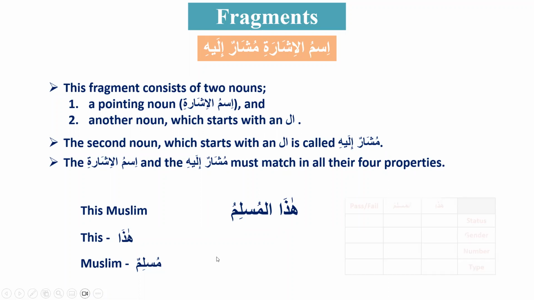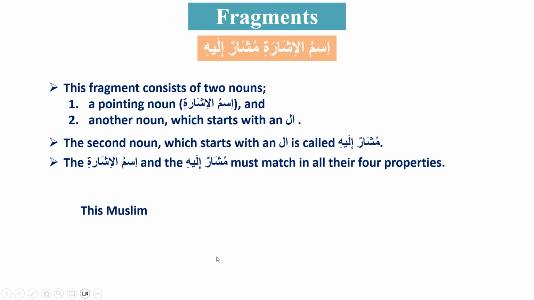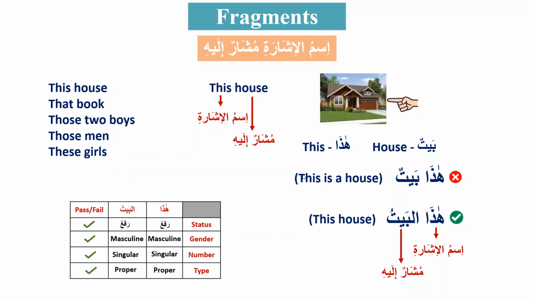Like you see here in the previous slide, Haza Baitun means this is a house. This is a complete sentence, not a fragment. But if we put an al with it and it becomes Hazal Baitu, then it is a fragment. And it is Ismul Ishara Musharun ilayhi, and it means this house. Same thing.